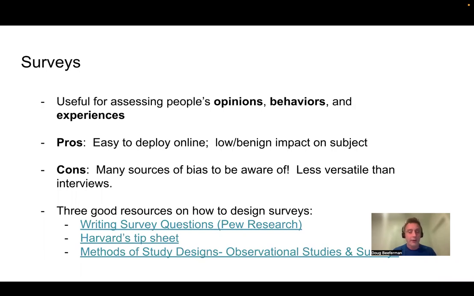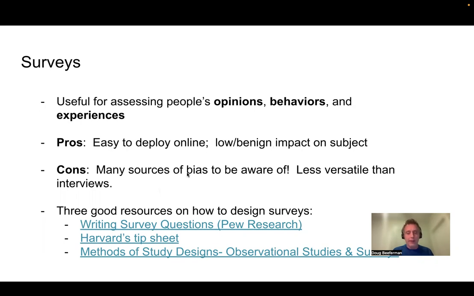Very widely used tool. They're very easy to create online and distribute on the internet to large and geographically dispersed populations that you can control more or less for different demographic variables. They usually have low or benign impact on the subject.